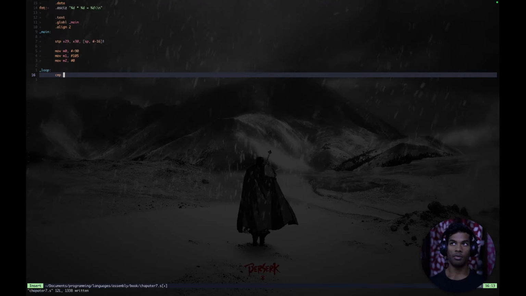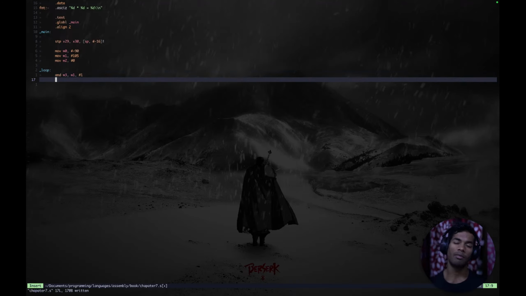Yep, I have to get the smallest bit from W1, and to get that I will take its AND and save it in, let's say, the third register, W3. Take the AND of W1 with 1.